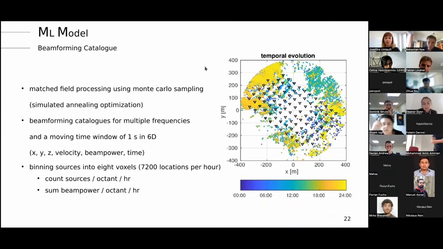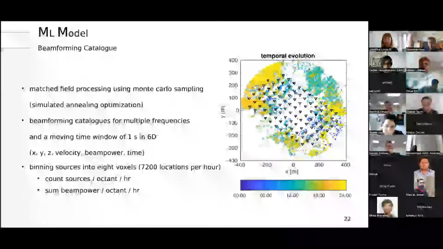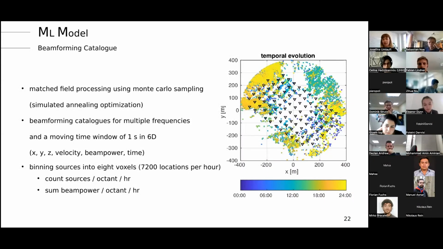So for machine learning, there are 2 things we have to keep in mind. First, we have to align the sampling of our features to our label. And our label is the GPS velocity with an hourly sampling. So that doesn't fit. And on the other hand, you have to think about the dimensionality of your model.